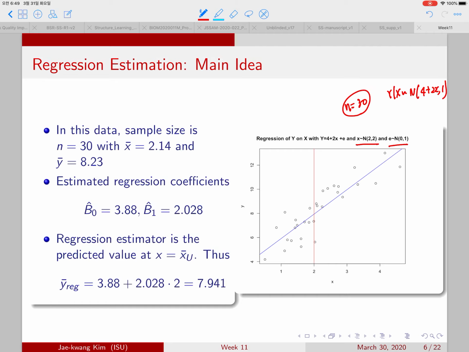The population mean of x in this case is 2. The red line is the population mean, and the sample mean from this particular sample of size 30 is 2.14. The sample mean is not exactly equal to the population mean because of the randomness of the sampling.